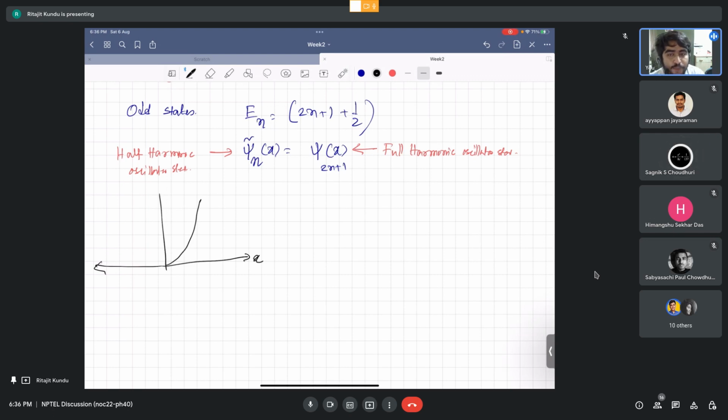So when does the odd or even function definition come up? The odd or even definition is only there if the function exists on both sides of x. This is positive x, this is minus x, so I can say this is an even function and this is an odd function. But this argument doesn't hold if I have only some function here. If I just reflect it, where will it go? It will go somewhere here.